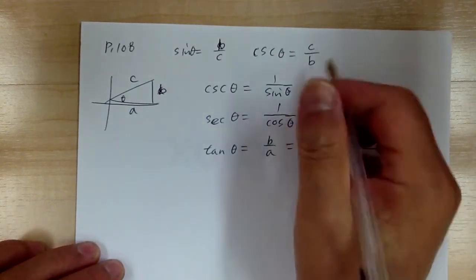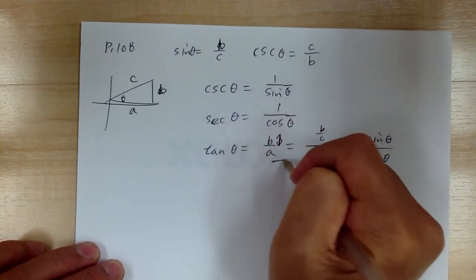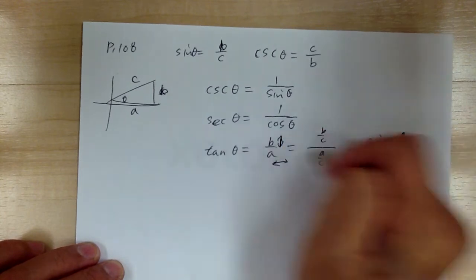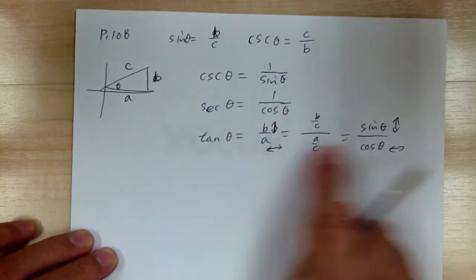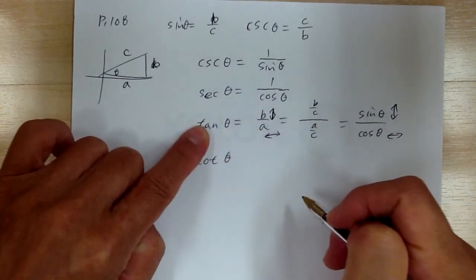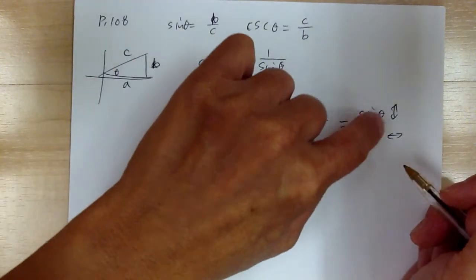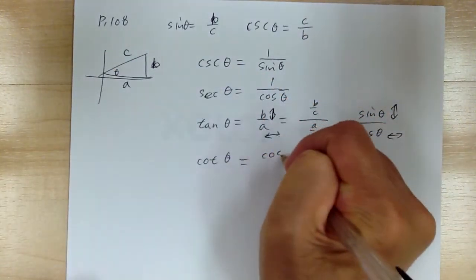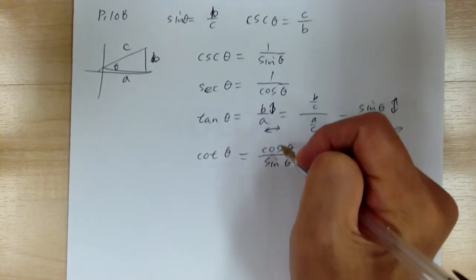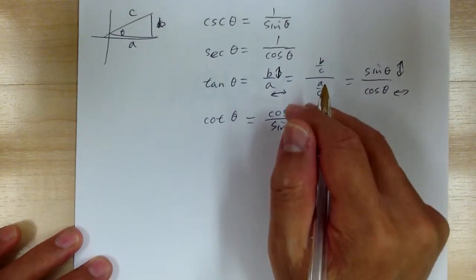Also, you can see that B is up and down, vertical over horizontal, and sine over cosine is vertical over horizontal. It's the same. And cotangent is the reciprocal of that, but instead of using 1 over tangent, you flip this over, so it becomes cosine over sine. Okay, so those are the functions you should be familiar with.